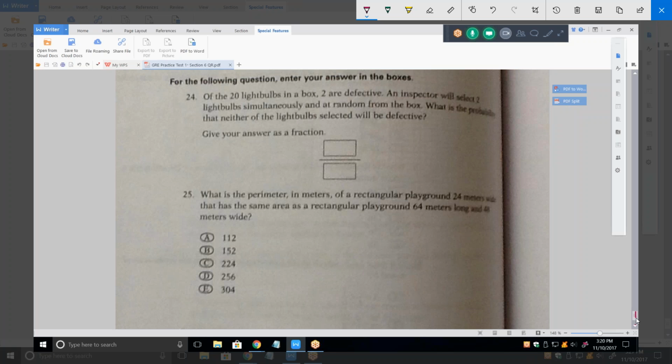So a rectangular playground 24 meters wide that has the same area as a rectangular playground 64 meters long and 48 meters wide. So, if it has the same area, because 48 is double 24.